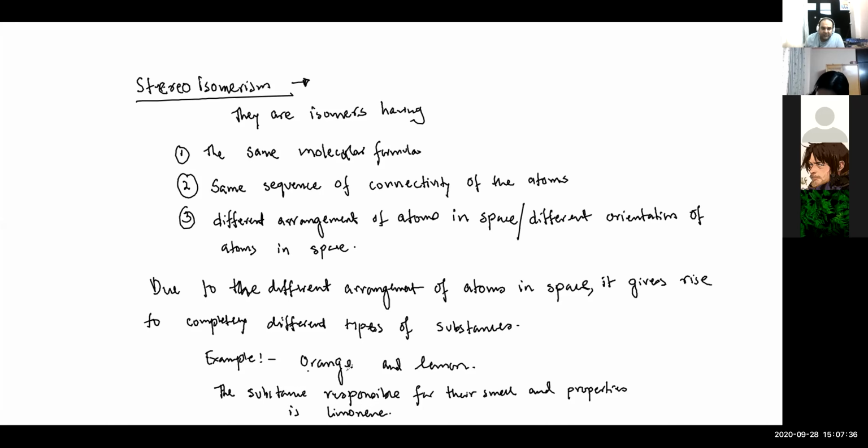So orange is also made up of limonene, lemon is also made up of limonene. They have the same molecular formula, same sequence of connectivity of atoms, but different arrangement of atoms in space or different orientation of atoms. So since it's all about 3D structures, these are all about 3D structures.